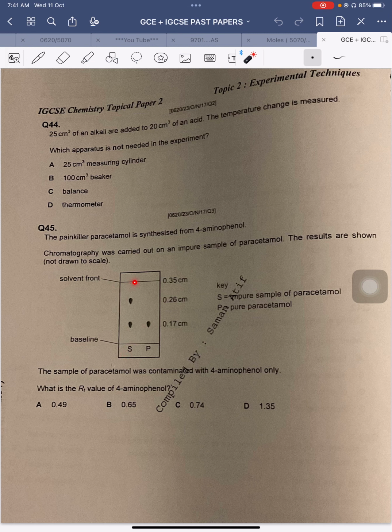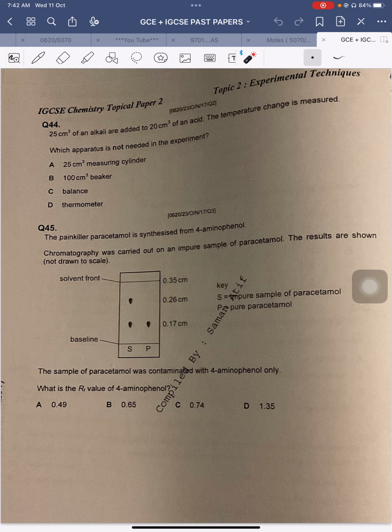Here we are going to calculate the Rf value for S, this point and this point. And then we can say that this is the distance traveled by the solvent. The impure sample of paracetamol is S and the pure sample of paracetamol is P. So we are going to calculate the Rf values of all, and then we can say what the result is. But remember how to calculate the Rf value for paracetamol.